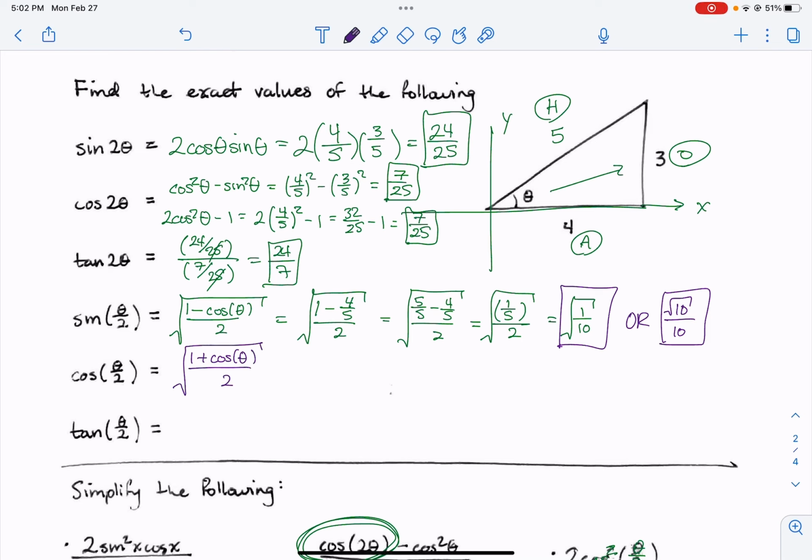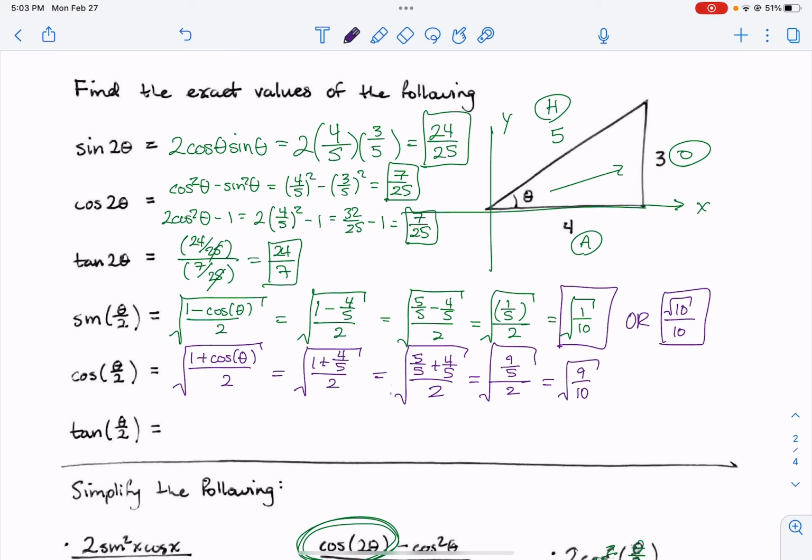Okay, so this is going to be 1 plus 4/5 over 2. Well, if I add those together, this is 5 over 5 plus 4/5, over 2, in a square root. So that's 9 over 5 over 2. Okay, so that's the square root of 9/10.